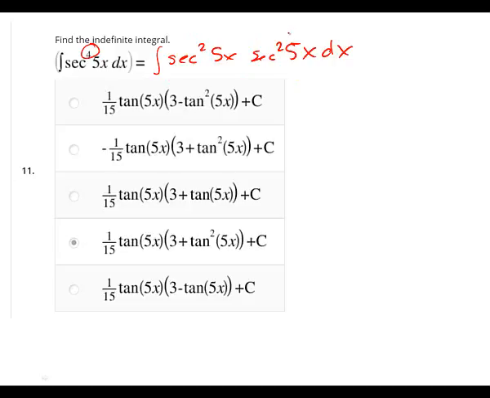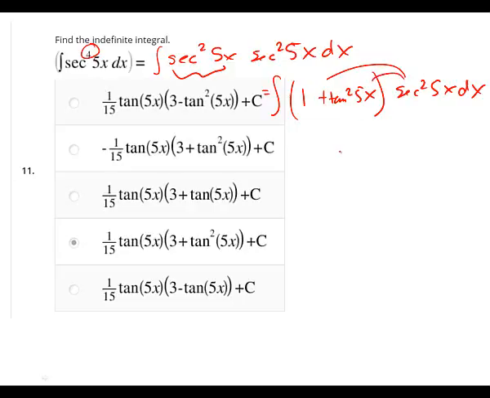So let's try turning it into a tangent. Let's use a trig identity. Which trig identity do I substitute in for secant squared? 1 plus tangent squared 5x, times secant squared 5x dx. All right. I am going to go ahead and try to distribute this in.